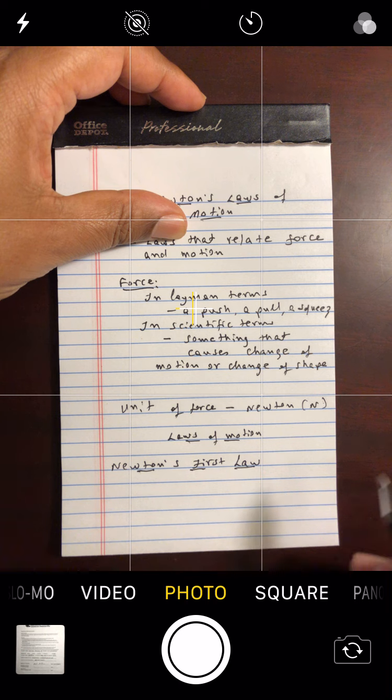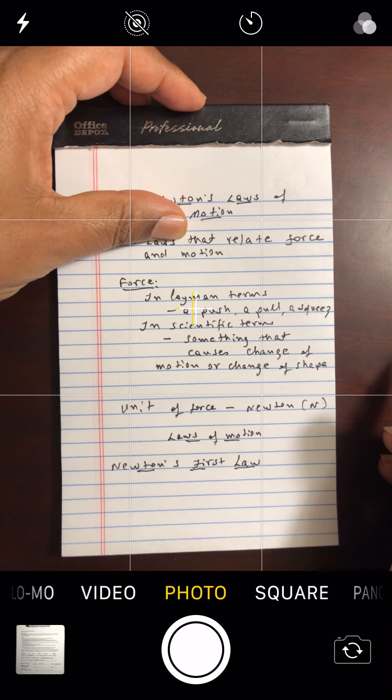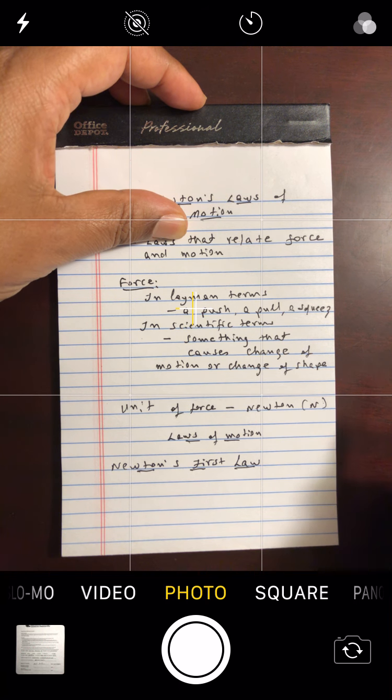So an object will remain at rest or move in a straight line with a constant speed unless acted upon by a net force.